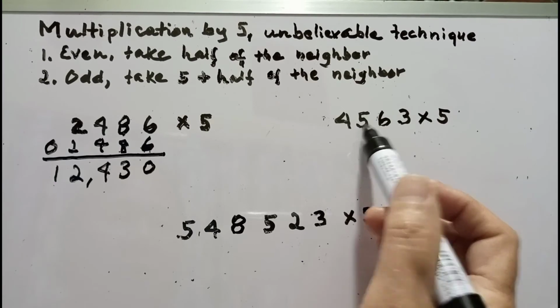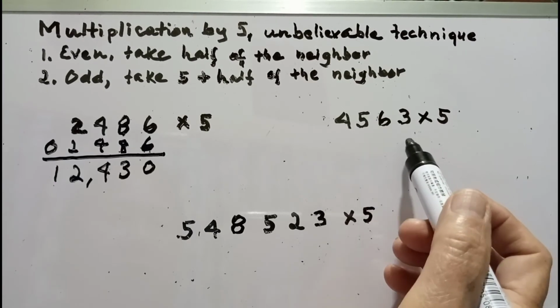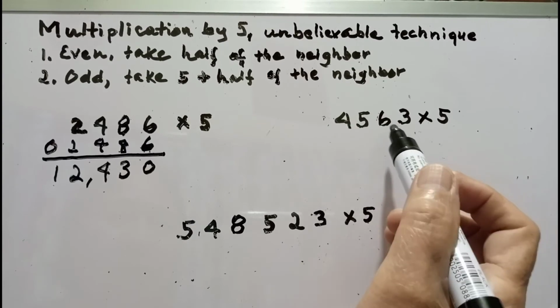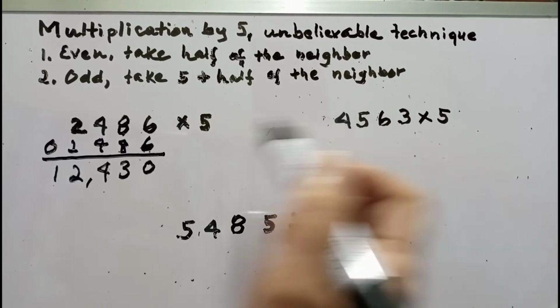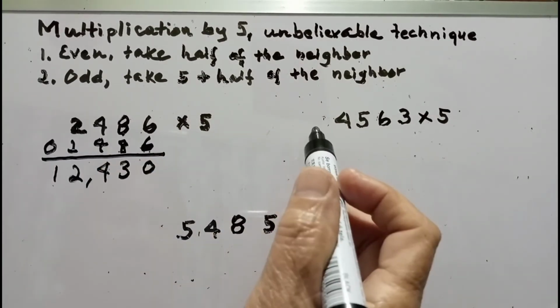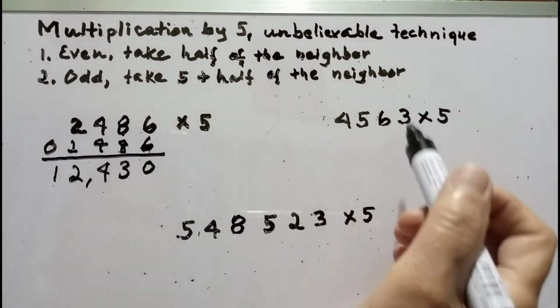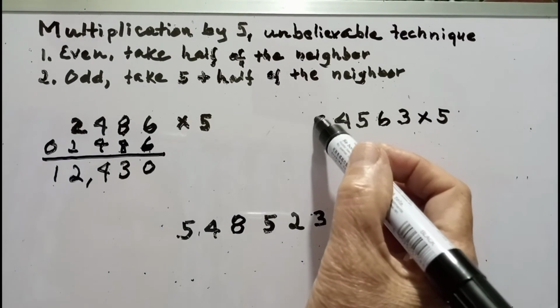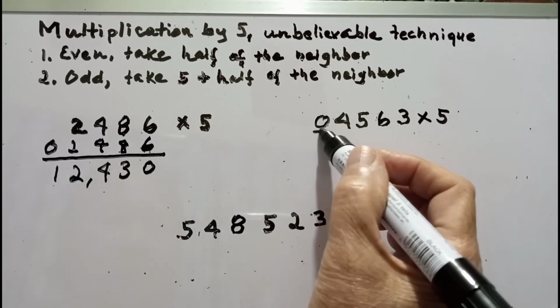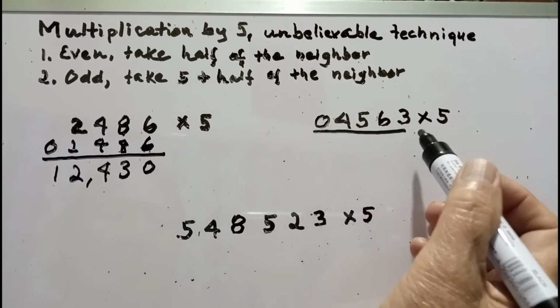We have here 5 and 3. So, what shall we do? Now, we will multiply. But we will not write like this anymore. We have to save time, especially when you take an exam. So, save your time. Write down 0 before the first number, and then underline the number, and then solve.